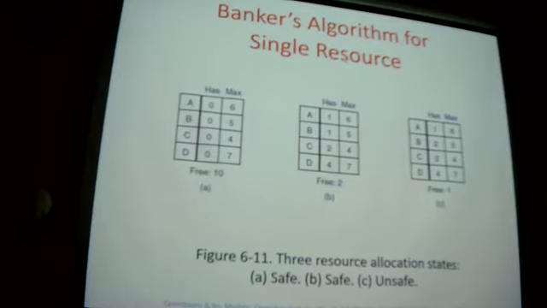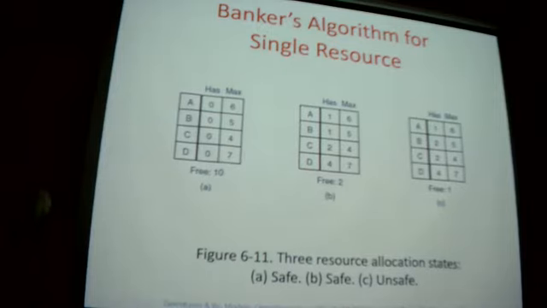We can imagine that there is only one banker. You can view a banker as a resource because customers require money from the banker. This algorithm is about one banker.